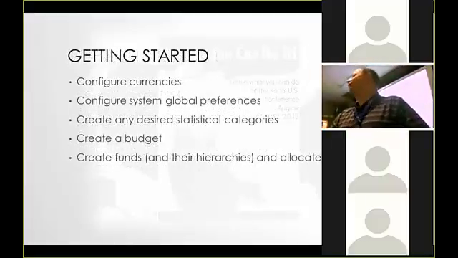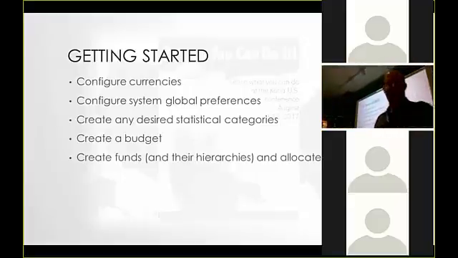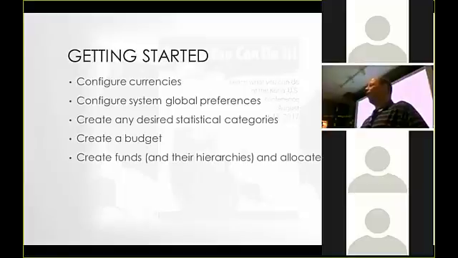Before you can do anything in Koha with a fund, these are the steps in order, at least the order I recommend, because a lot of these follow a very logical sequence: system global preferences, followed by the creation of any desired statistical categories.